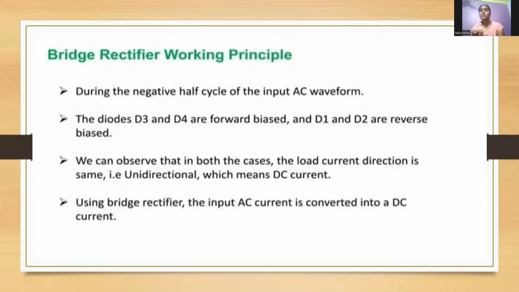During the negative half cycle of the input waveform, diodes D3 and D4 are forward biased and D1 and D2 are reverse biased. We can observe that in both cases the load current direction is the same, that is unidirectional, which means DC current. Using a bridge rectifier, the input AC current is converted into a DC current.